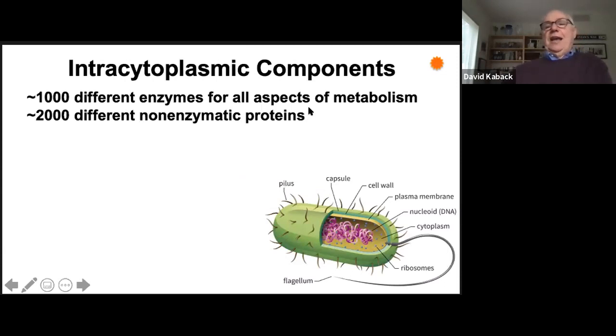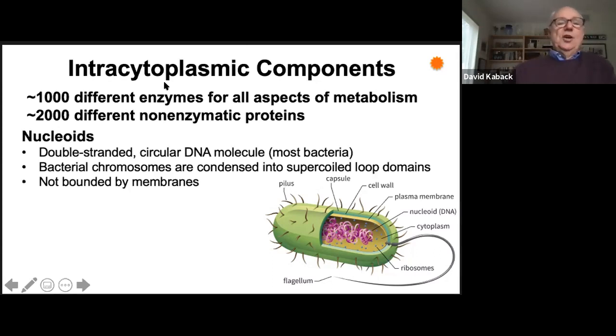Some bacteria make as few as 500 proteins, but in general most bacteria have about 3,000 genes on their genomes that encode protein, and about 1,000 of these are enzymes. Another 2,000 are other proteins that don't necessarily have catalytic functions, but have some structural or auxiliary or cofactor role with respect to bacterial metabolism and bacterial physiology.